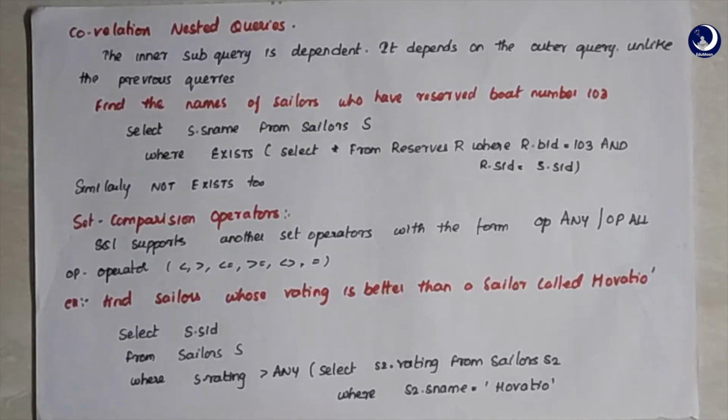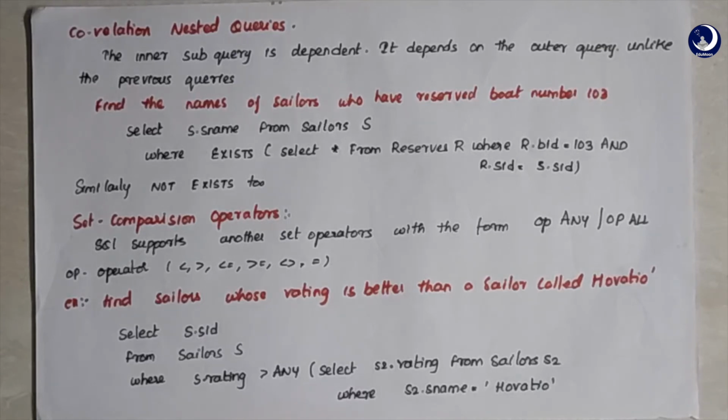First we execute the outer query, and then we come to the inner query for every row of the outer query. This is how an EXISTS operator works, and we can do the similar thing with the help of a negated version, which is NOT EXISTS. If we want to find the ones who did not reserve boat 103, then we can simply say NOT EXISTS. That's all. We replace the EXISTS with a NOT EXISTS.